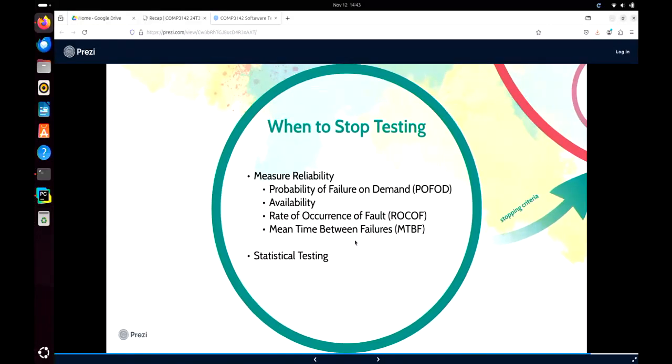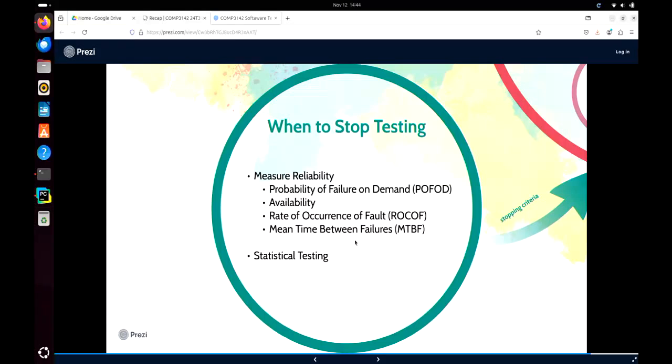Another concept we learned is when to stop testing. We should measure the reliability of the program. The ultimate goal is to achieve dependability, but among those 4 properties, reliability is the most suitable one for measurement.